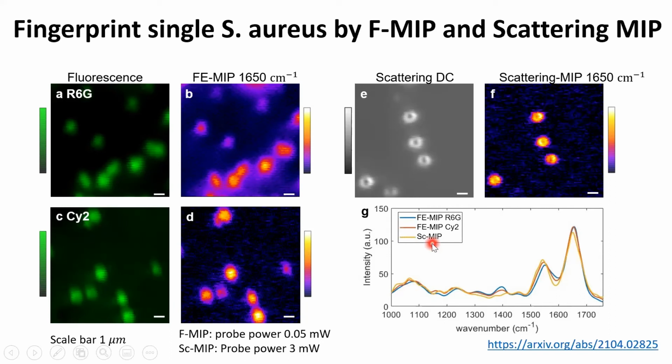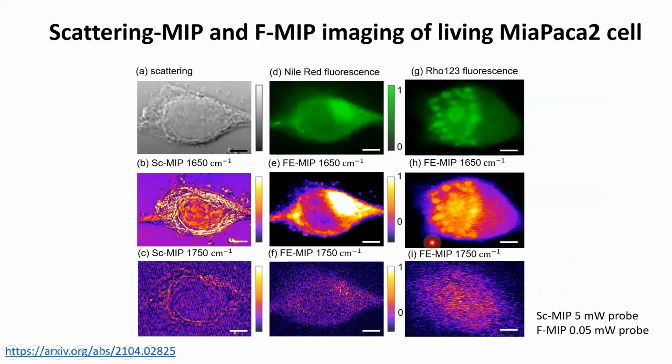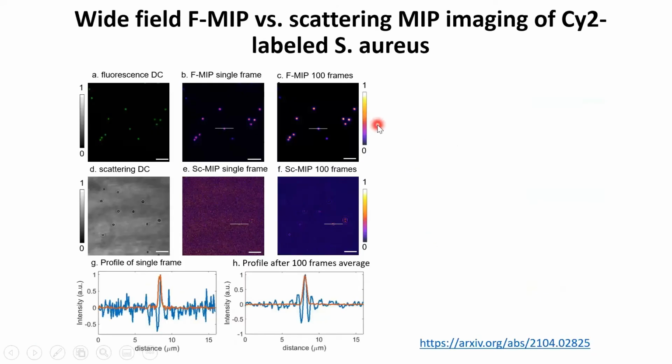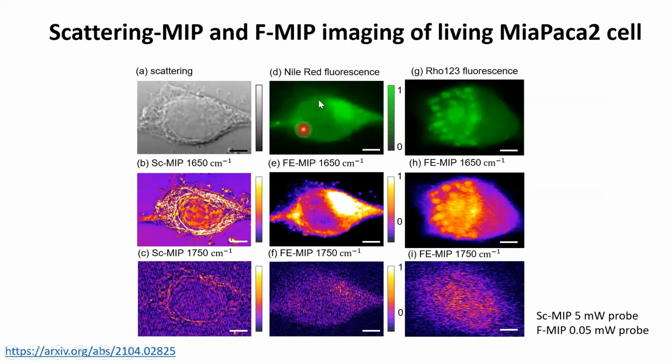But the advantage of fluorescence detection becomes clearer with another advantage I will show you here. Fluorescence can give additional contrast because fluorophores may label different organelles. Nile red will label the membrane, and rhodamine 123 would label mitochondria.